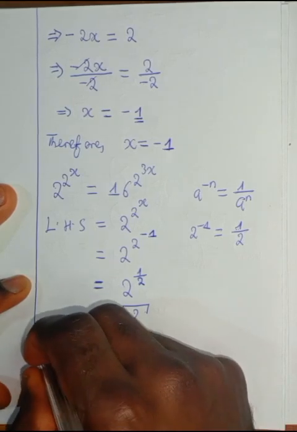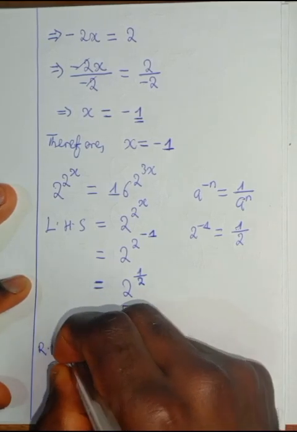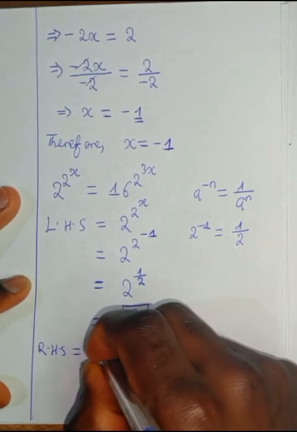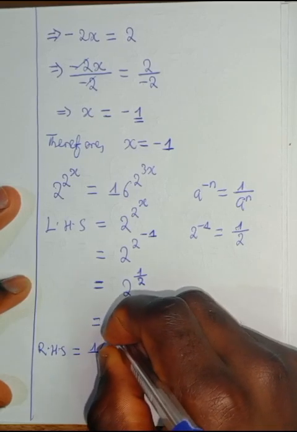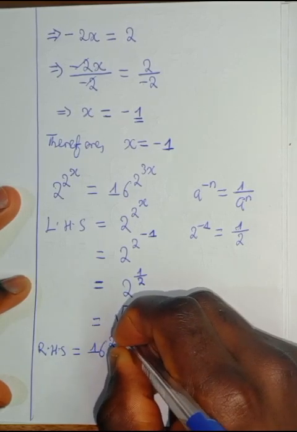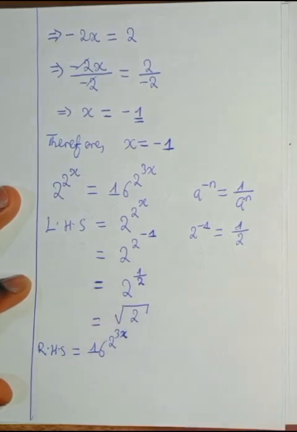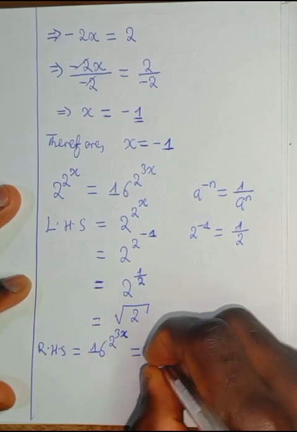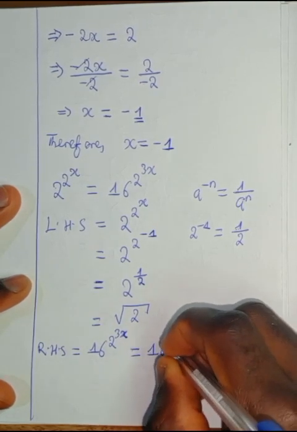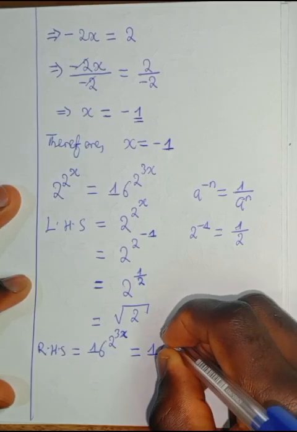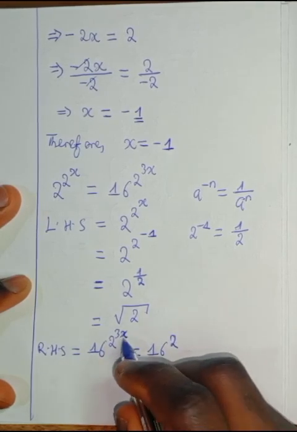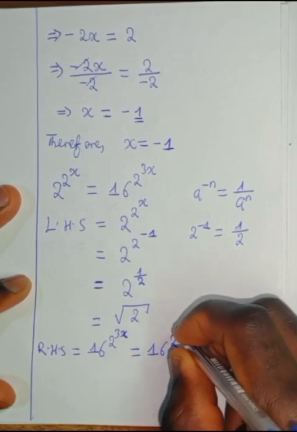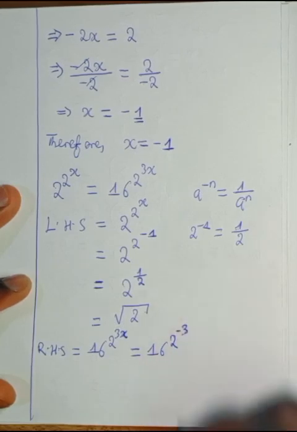Next, we move now to the right hand side. We have 16 raised to the power 2 raised to the power 3x. We know that this will simply be equal to 16 raised to the power 2 raised to the power 3 times negative 1 gives us negative 3.